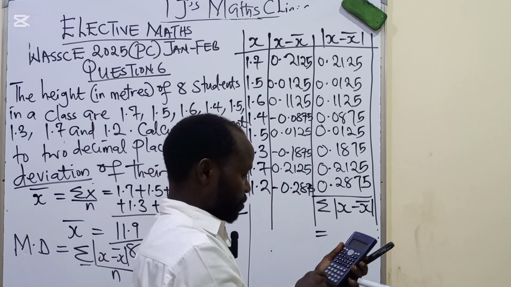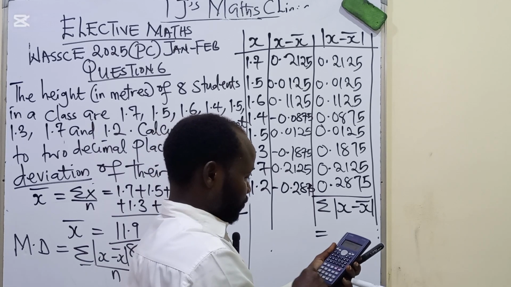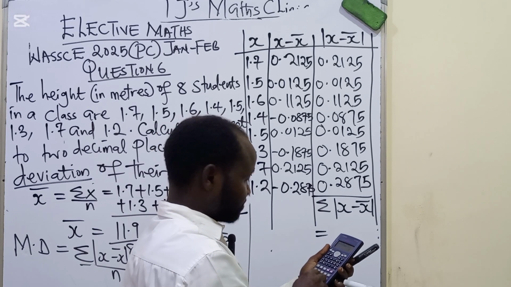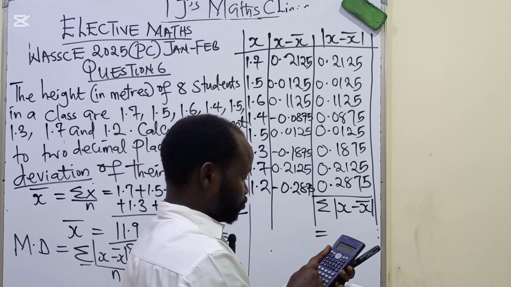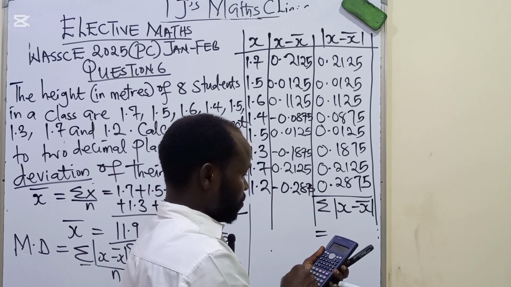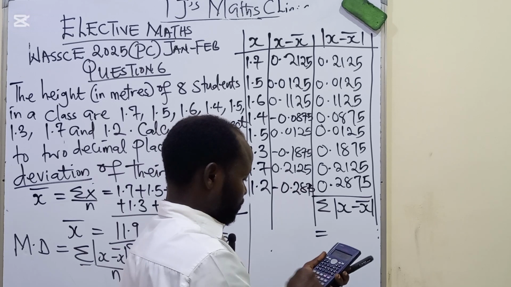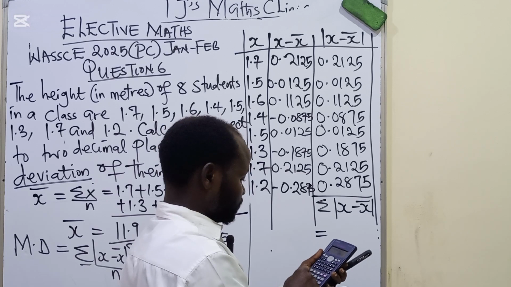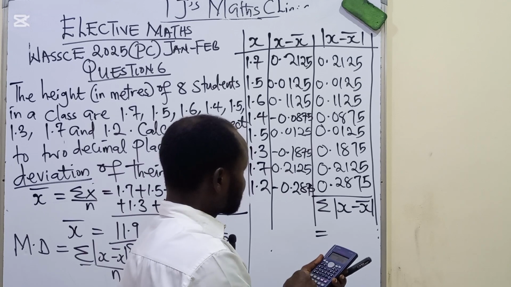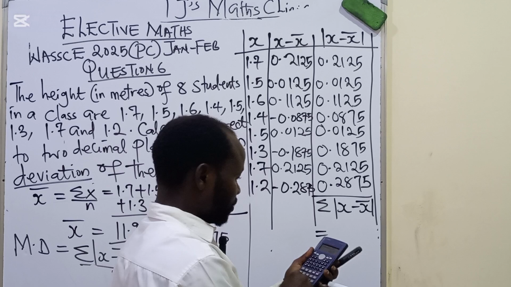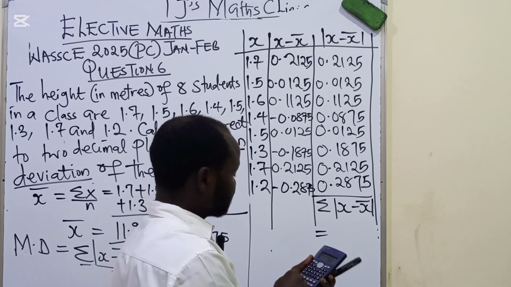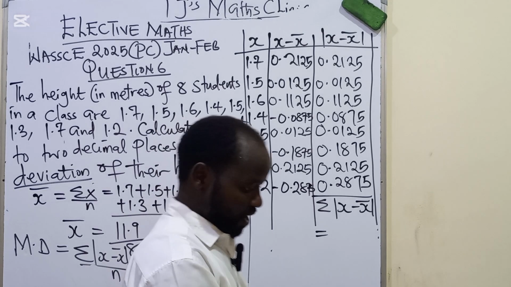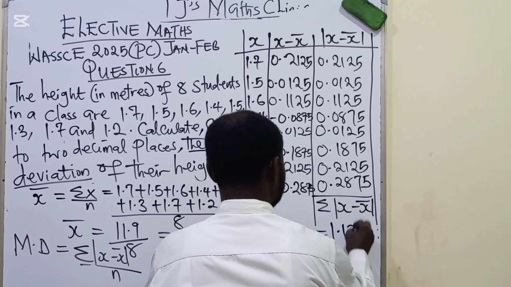We have 0.2125 plus 0.0125 plus 0.1125 plus 0.0875 plus 0.0125 plus 0.1875 plus 0.2125, and the last plus 0.2875. The summation will be 1.125.